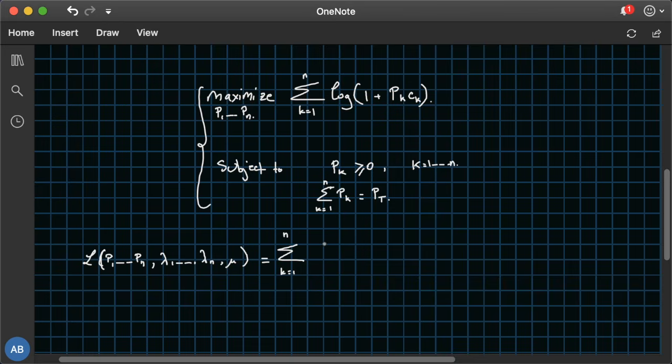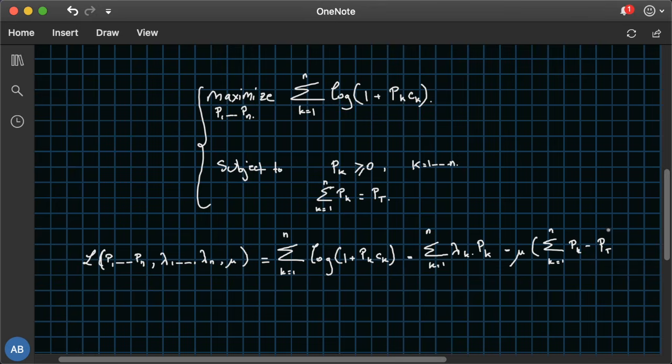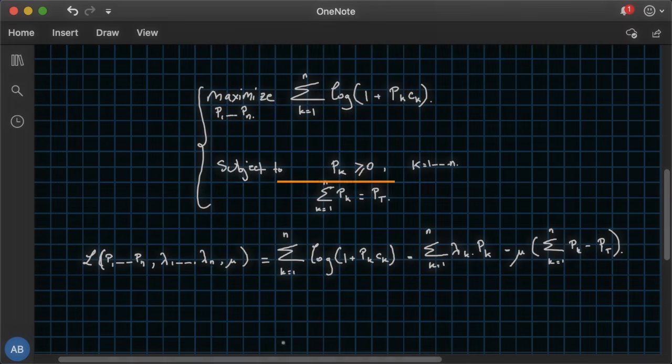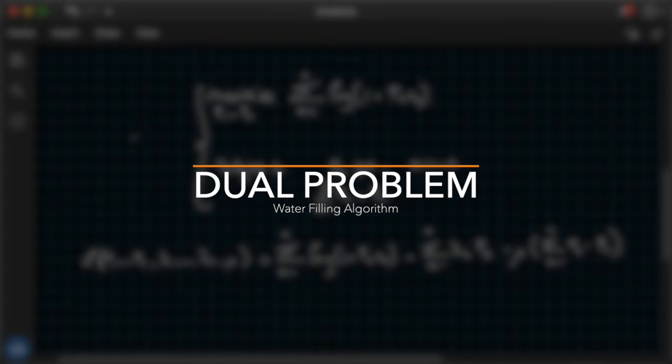It's the objective function, that is the total capacity, minus the sum of the Lagrangian multiplier times pk. Those are the terms taking into account the positivity constraint, pk non-negative, and the equality constraint, so minus mu, sum of total powers minus total power, pt.